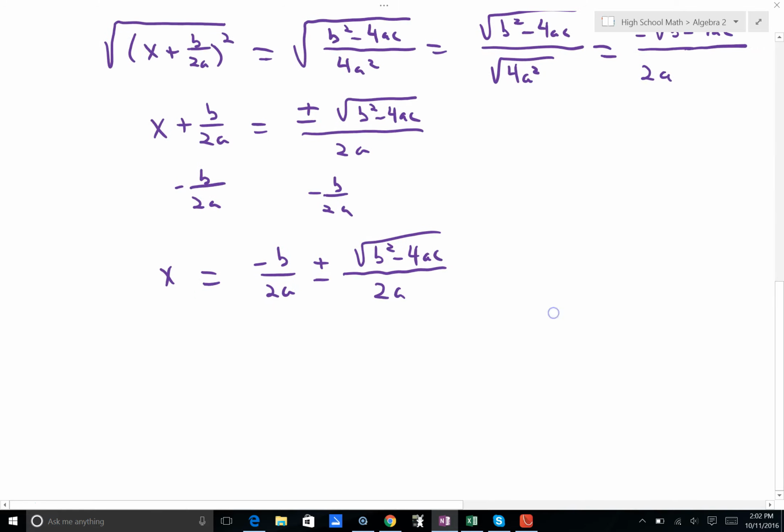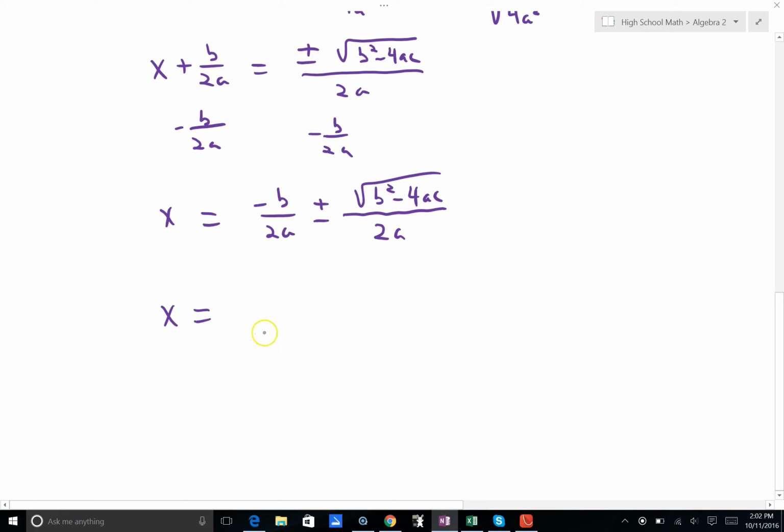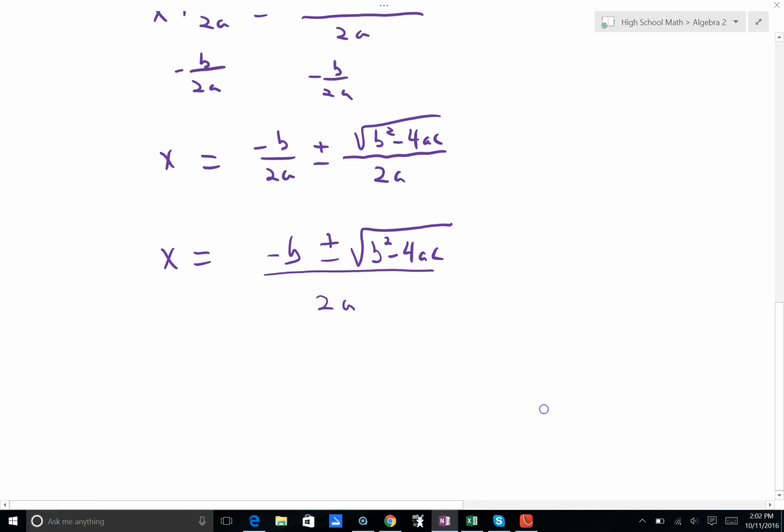Well, once again, we have this common denominator, this 2a in the bottom, so I can write these two fractions as one fraction. x is equal to, the denominator is 2a. In the numerator, we have negative b, plus and minus this radical expression. And that is the quadratic formula.